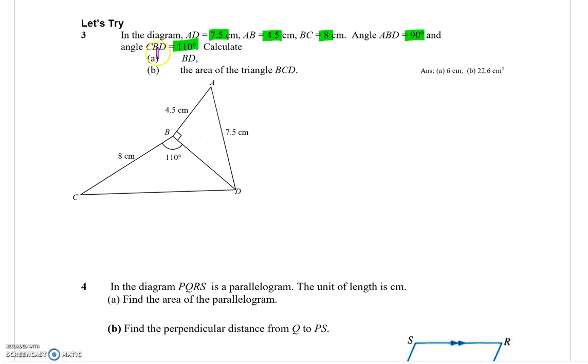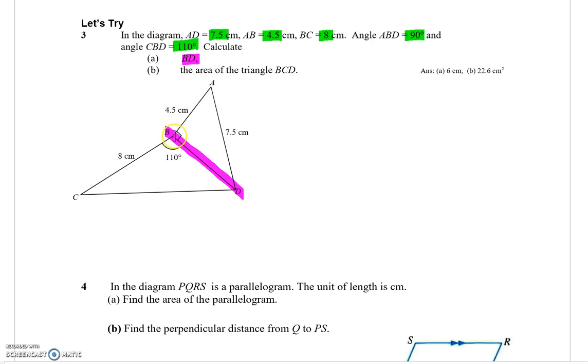For instance, let's look at part A where you have to calculate BD. So where is BD? BD is this line over here. And to think about how we're going to calculate BD, we may need to consider which triangle we want to choose. Is it ABD or is it BCD?